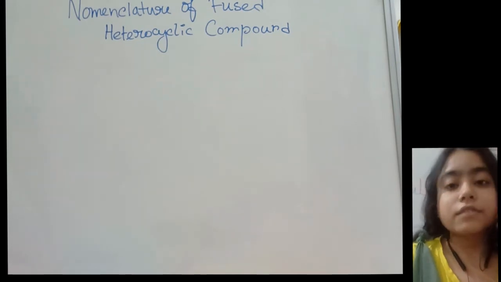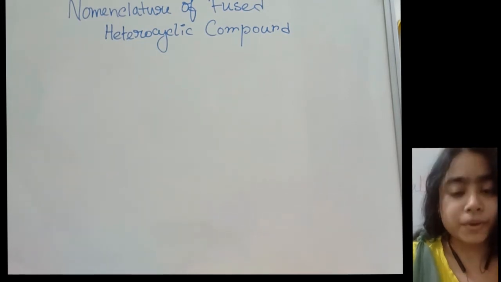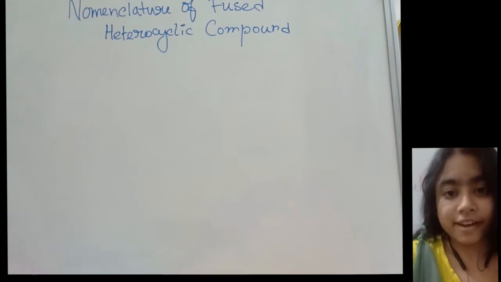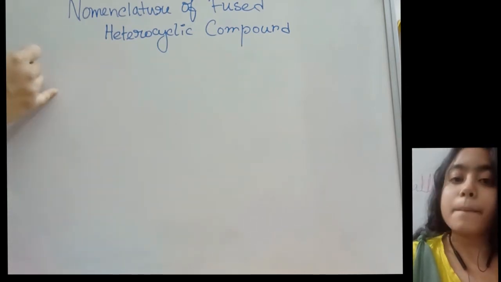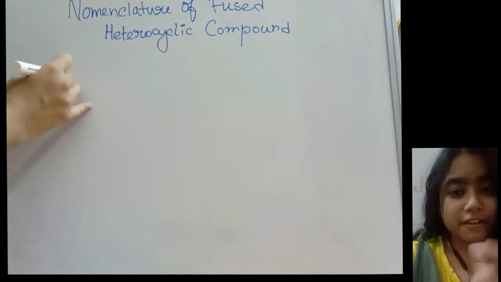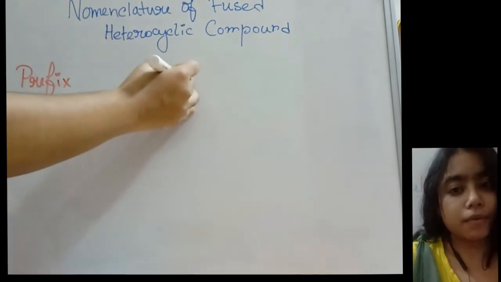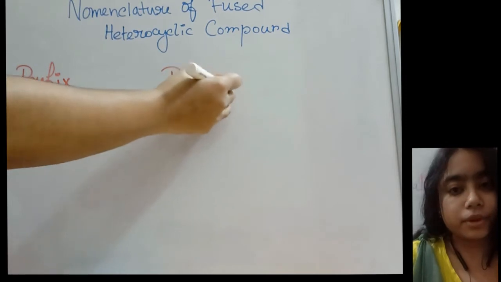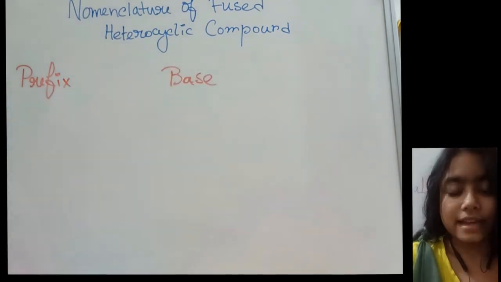For a fused ring we need to identify the prefix and the base component first. We need to know the prefix and the base component between the two fused rings.